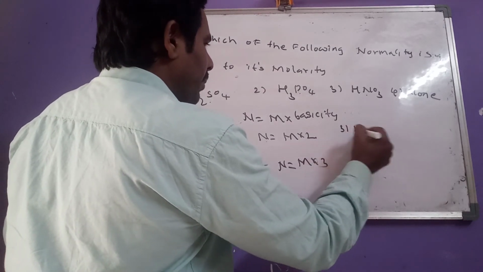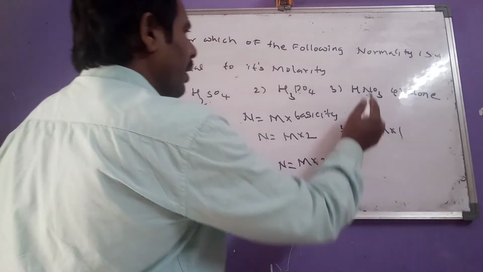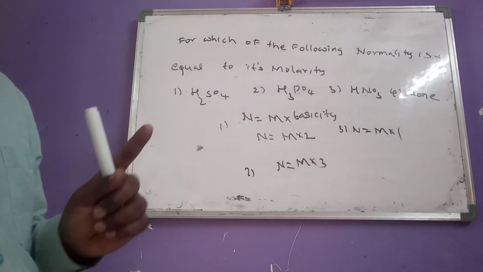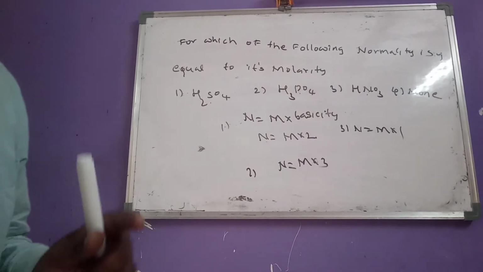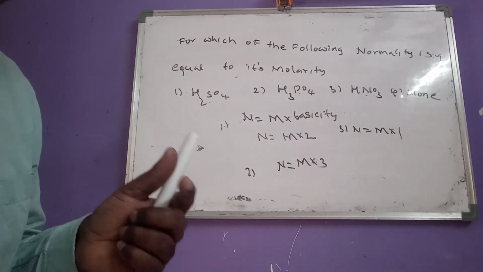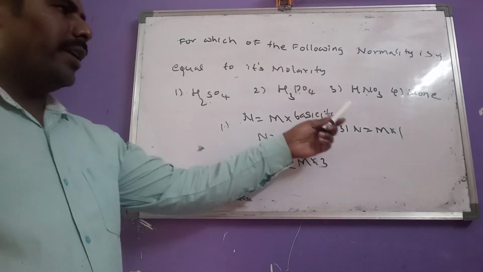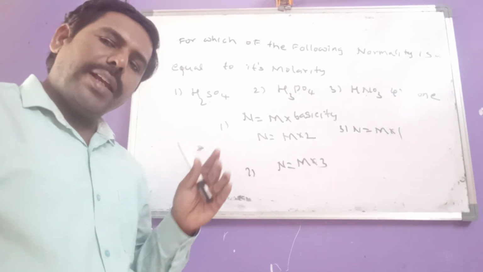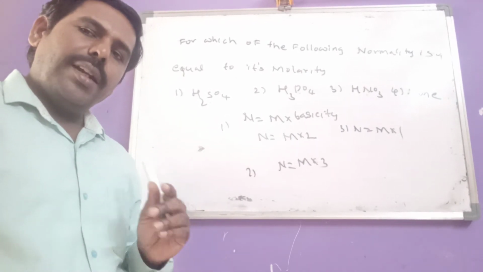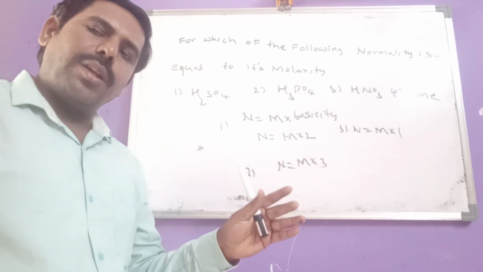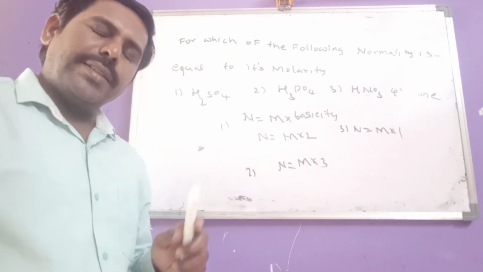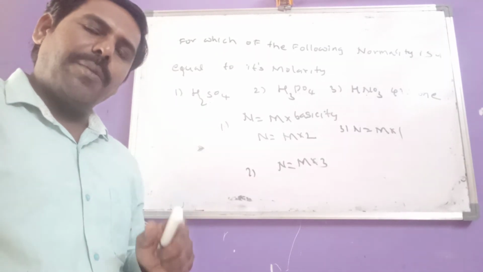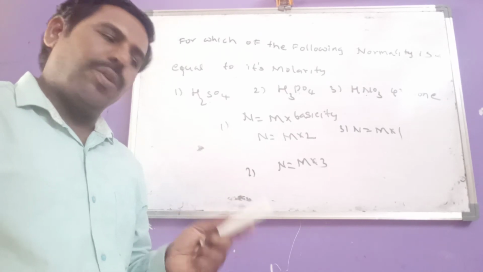For this, normality equals molarity into 1 because its basicity is 1. That means for monobasic acids normality is equal to molarity. Similarly, for monoacidic bases also normality is equal to molarity. So if acidity or basicity is equal to 1, then normality is equal to its molarity.